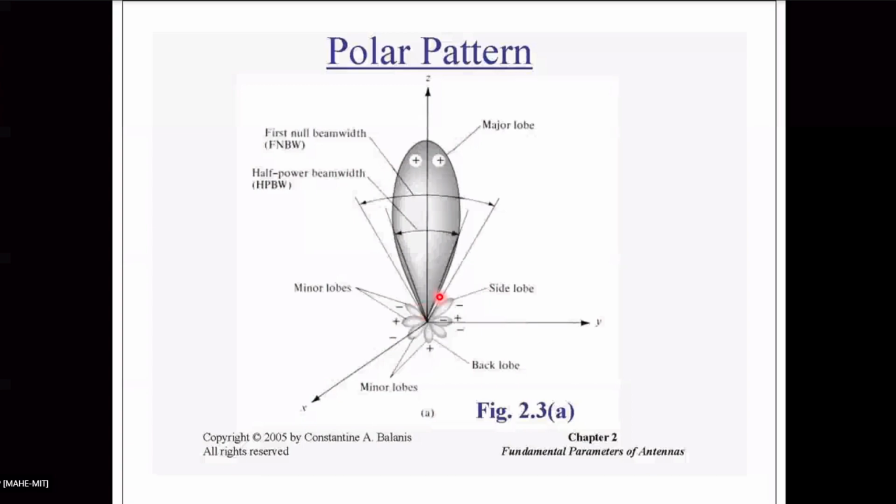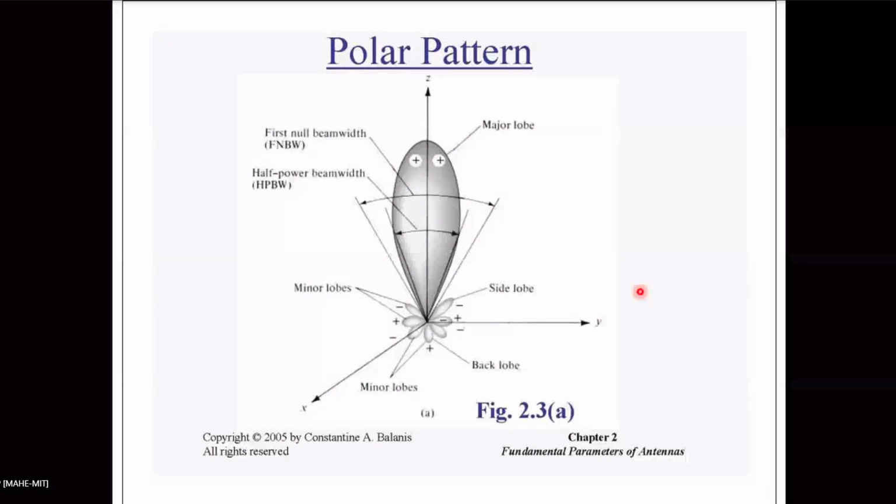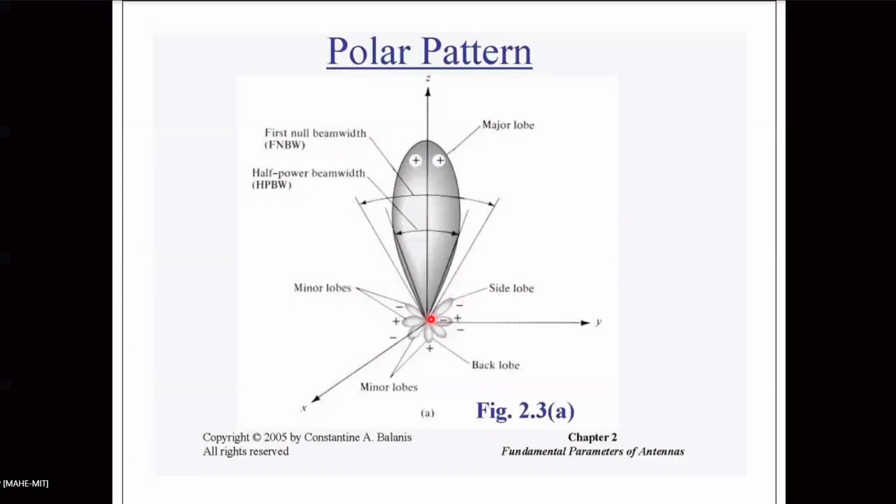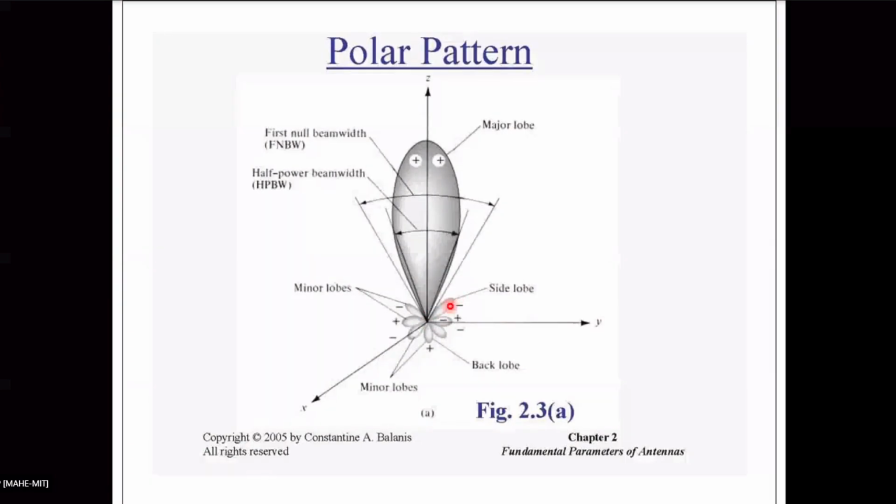Now, next, side lobe. What is side lobe? Side lobe is a radiation lobe in any direction other than the intended lobe. It is usually the largest of the minor lobes. So this is the side lobe. Okay, back lobe.